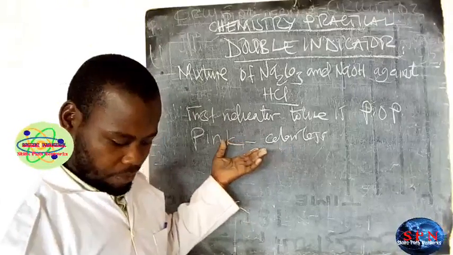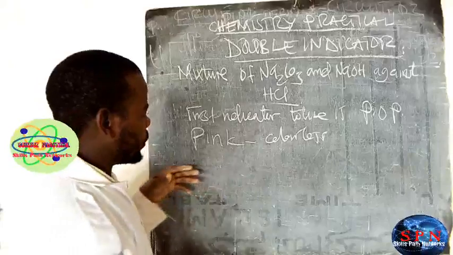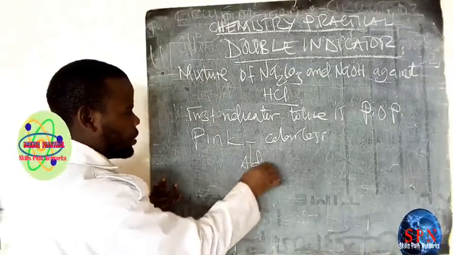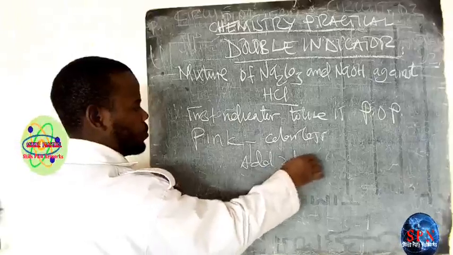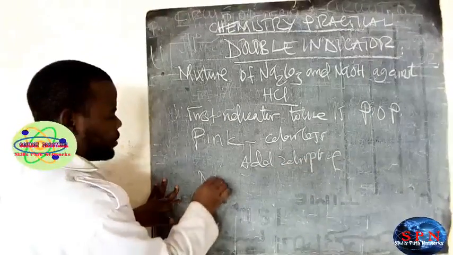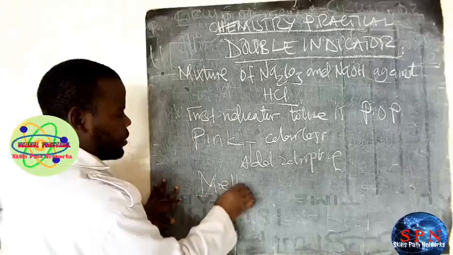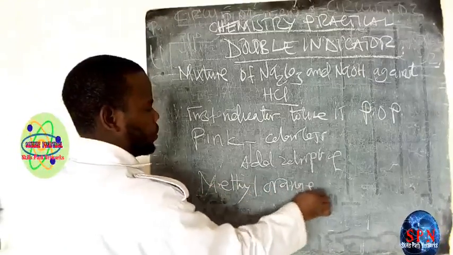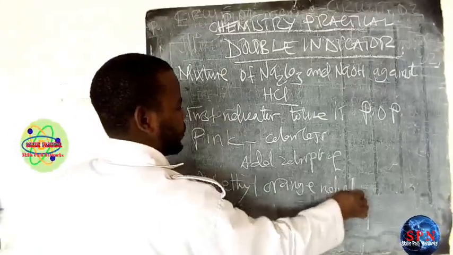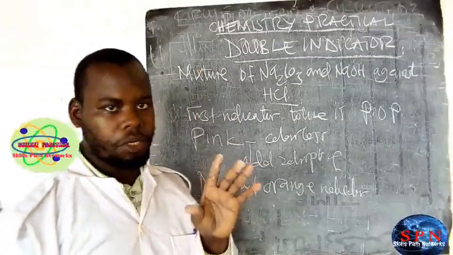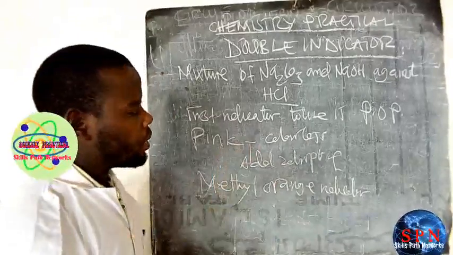You are supposed to add 2 drops of methyl orange indicator. That is the case and the format of titration under double indicator.